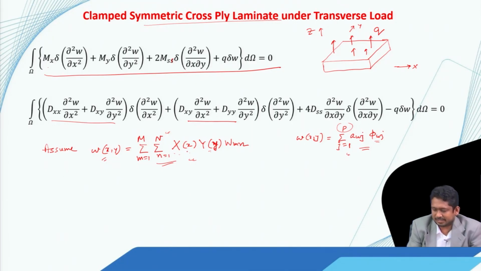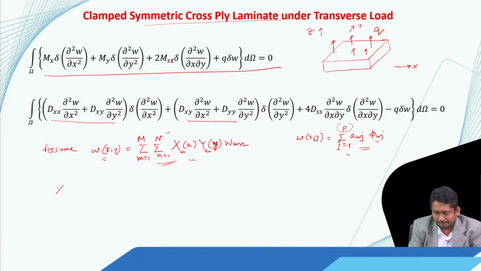So, after we represent them with this separation of variables, this is X_m and this is Y_n. So, there are total capital M number of these X's and capital N number of these Y's.